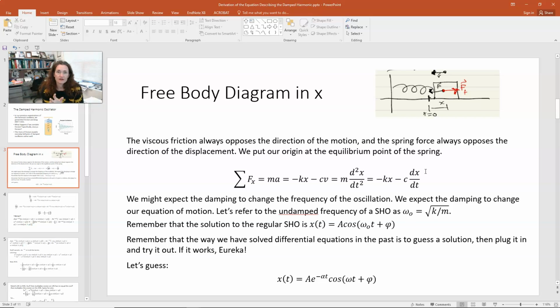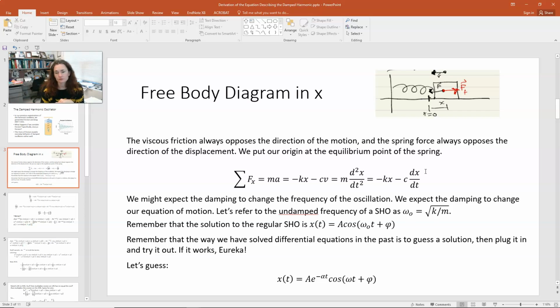If you have a simple harmonic oscillator with no damping, we've already solved that one, and we know that it is a sinusoidal function. We described it specifically by the position as a function of time is equal to A times the cosine of omega naught t plus phi.